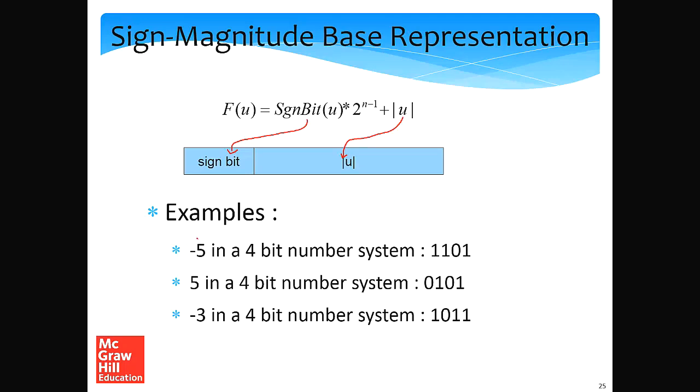Let's look at an example. Let's consider minus 5. We first take the binary representation of plus 5, which is 101, and its sign bit is equal to 1 because the number is negative. So this is the representation that we have. If we consider plus 5, that's also very easy.